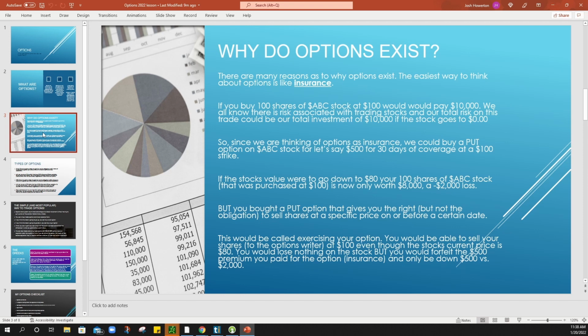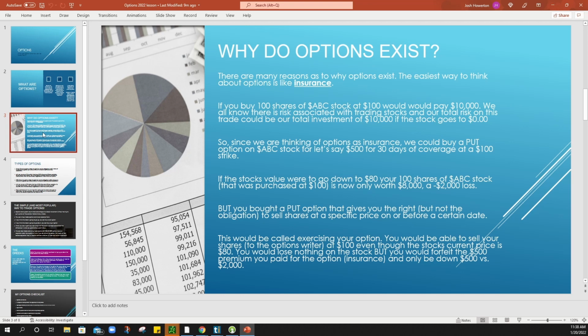And technically speaking, our total risk on that particular trade could be our total investment of $10,000 if the stock goes to zero. Not saying we're going to hold it that long, but there is that risk associated with actually trading those stocks. And our total risk could be our entire investment.